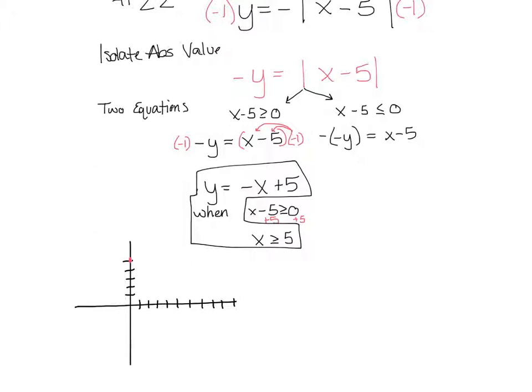I start out at 5 for my intercept, and I go down 1 over 1, down 1 over 1, down 1 over 1, down 1 over 1, down 1 over 1. Hey, I just hit 5. And I need everything greater than 5, so that's everything to the right. So as I keep going, I get my line. That one's not even close to straight, so don't make fun of me. I see it.